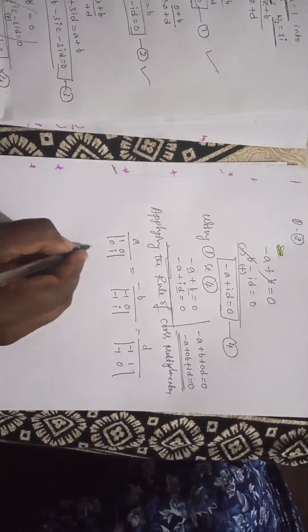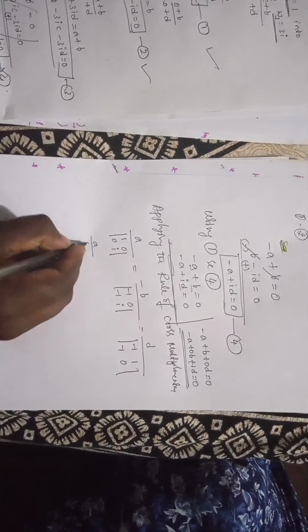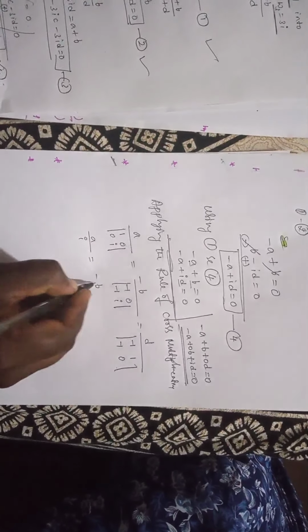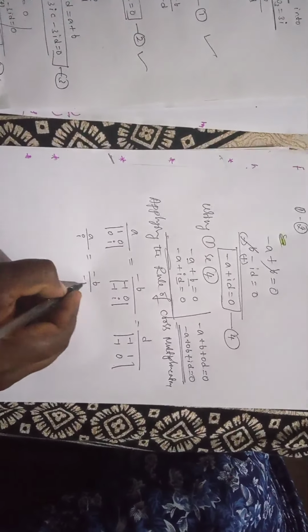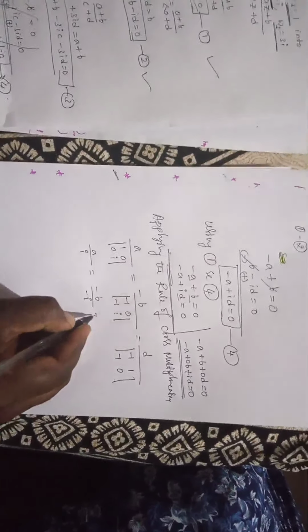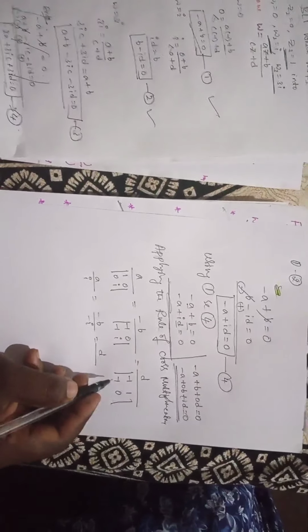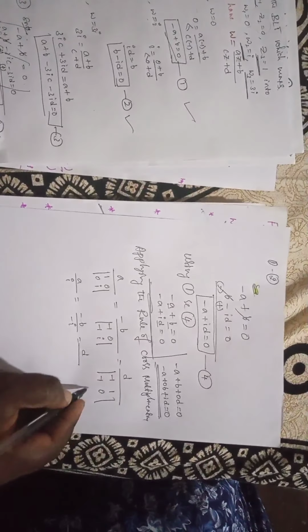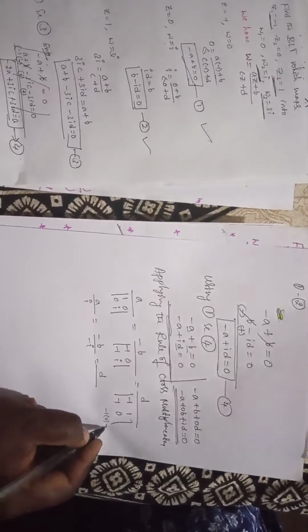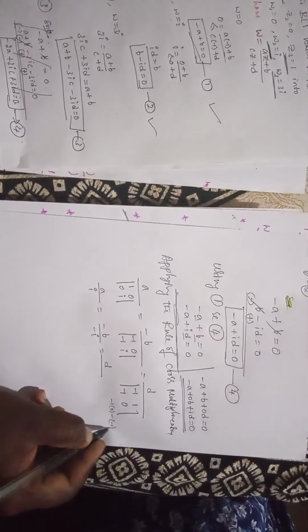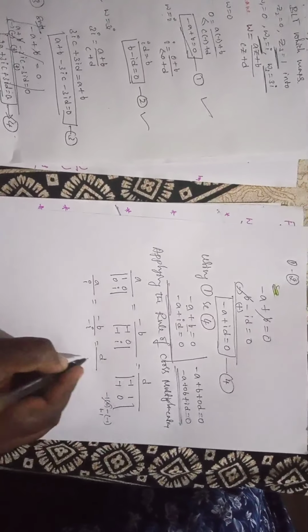Next solve these. Here 1 into I is I, next is 0, minus b by minus I. For d, minus 1 into 0 is 0, minus of 1 into minus 1 is plus 1.